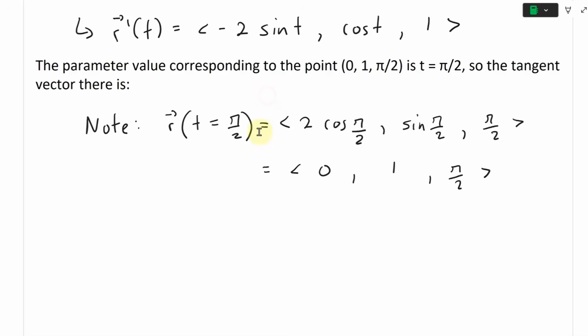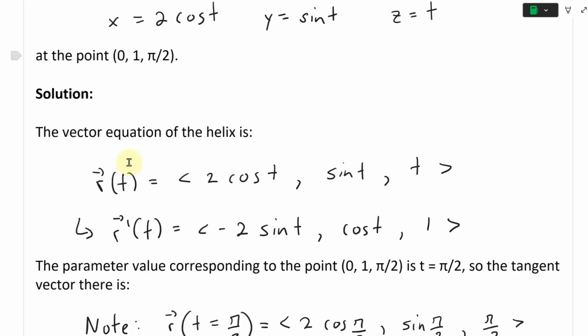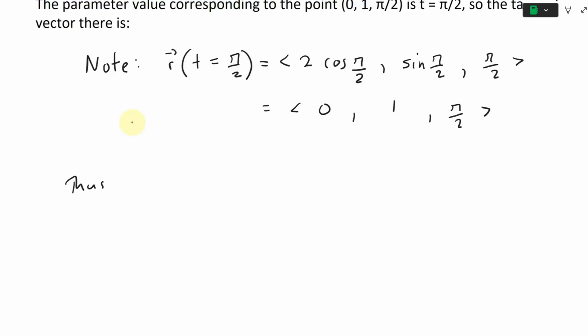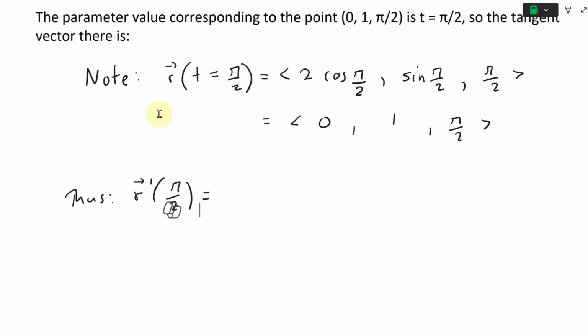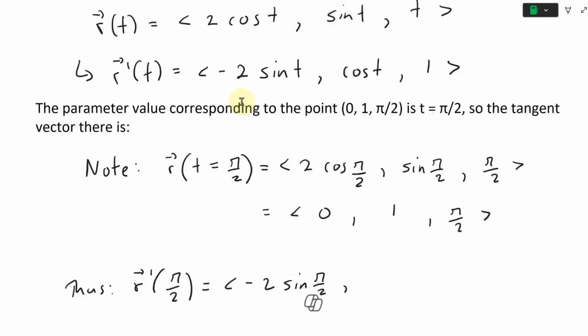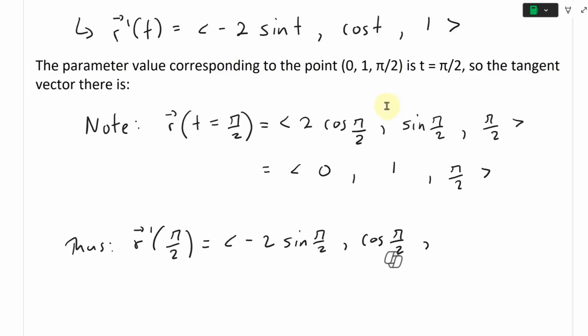All right, so we have the tangent vector and we have this point, so now we can find the tangent vector at that point. Because we want a tangent line, r prime at t equals pi over 2 is minus 2 sine pi over 2, which is 1, then cosine pi over 2, and lastly 1.